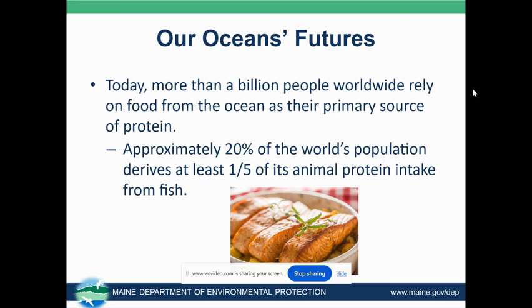So about 20% of the world's population receives at least one fifth of its animal protein from fish. Okay. Very good source of protein, doesn't require a lot of land and farming and everything. So it's a great source of food for people on the earth.